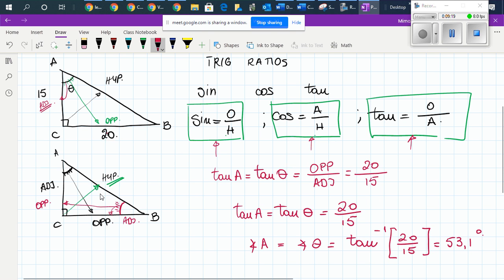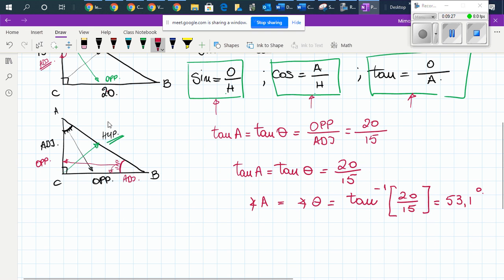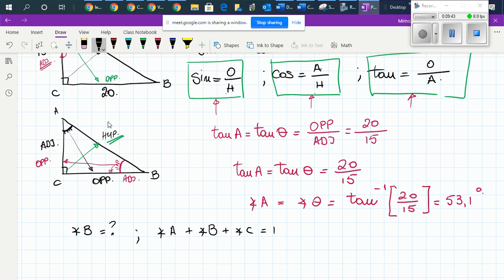So if we are trying to solve the triangle, not just find angle A, we will first find angle B, and angle B will come from the sum of inside angles. The sum of inside angles in a triangle is equal to 180 degrees.